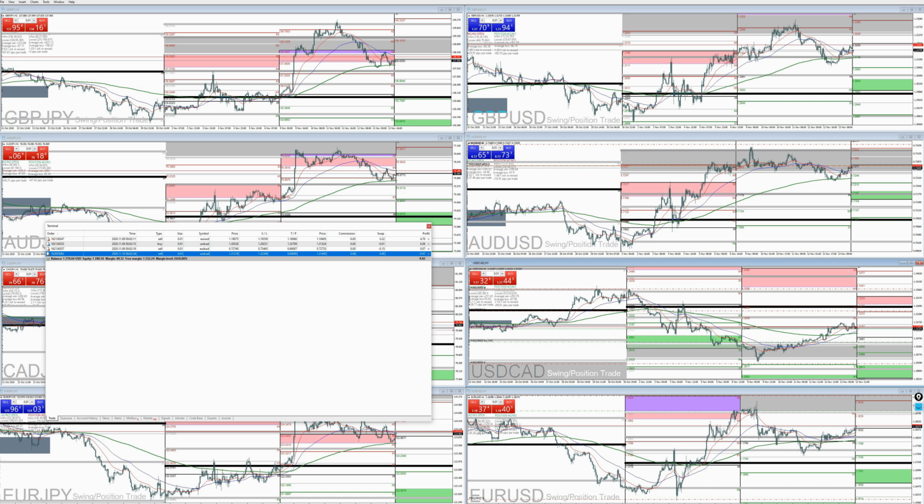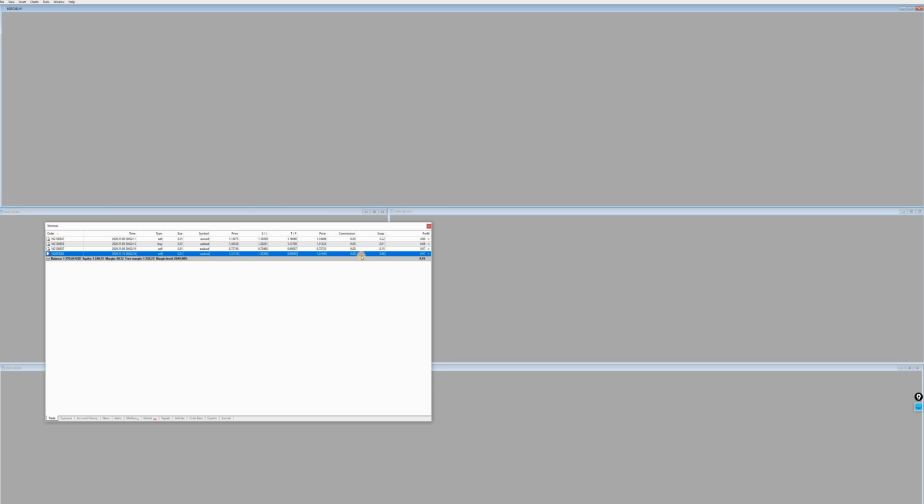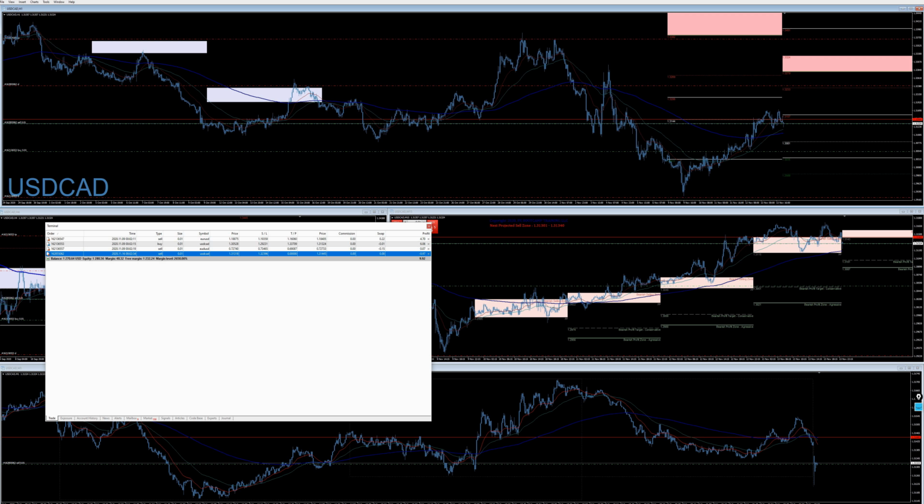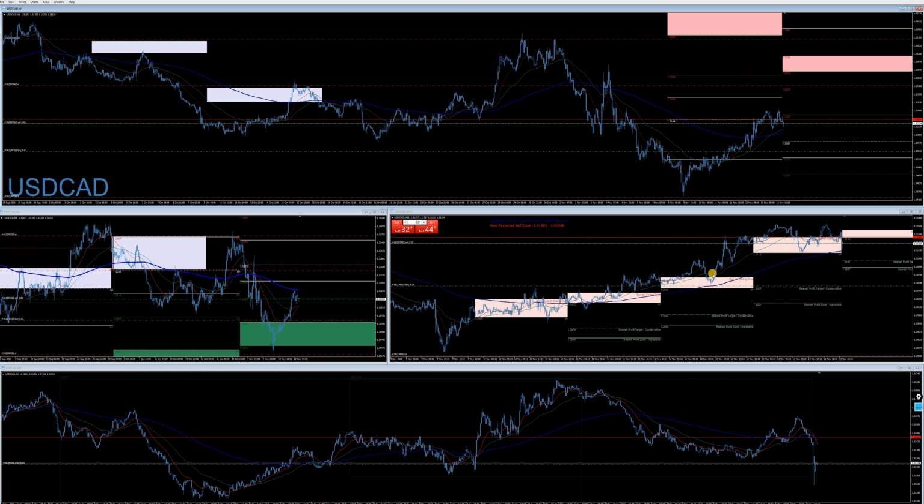Let's go directly into the USD CAD. All right. Let's move this back on over. Okay. All right, so this right up here is an hourly chart with my pivots for the week, and let me go ahead and use my indicator list here.